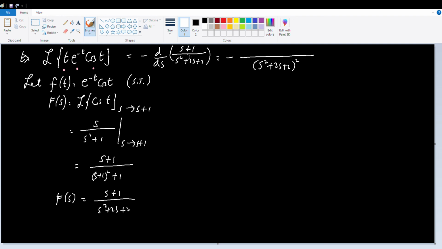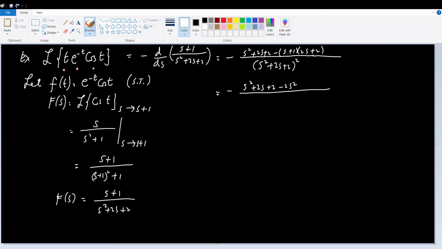Derivative of the numerator s plus 1 is 1 multiplied by the denominator s squared plus 2s plus 2, minus the numerator s plus 1 multiplied by the derivative of the denominator, which is 2s plus 2. Okay? So, negative of the quantity s squared plus 2s plus 2 minus 2s squared.